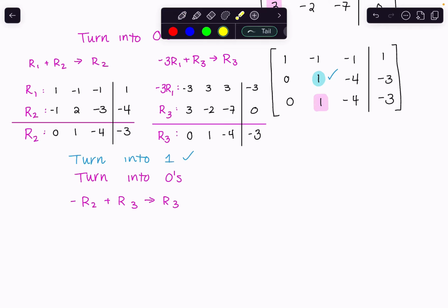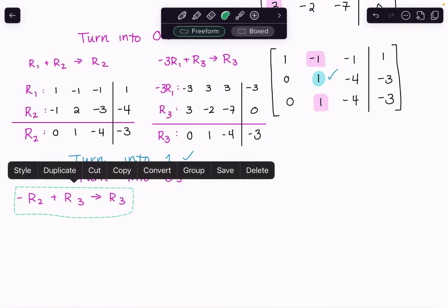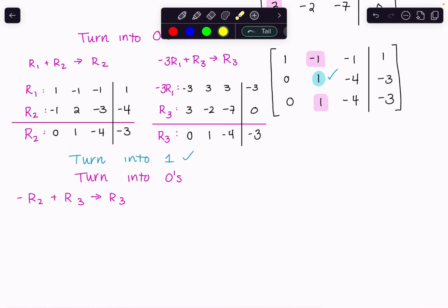To show you how we can put it in that reduced row echelon form, or start to, let's also turn this into zeros. So this will make a 0 below. And then if I want to turn this into a 0, I just need to add those together. So row 2 plus row 1 becomes my new row 1.